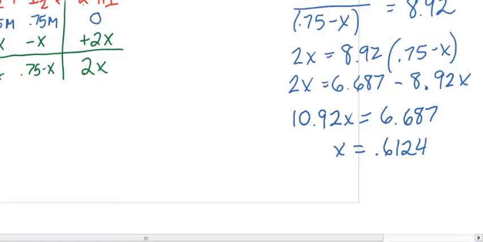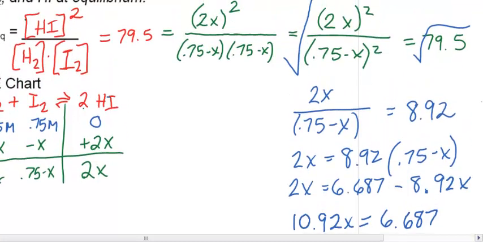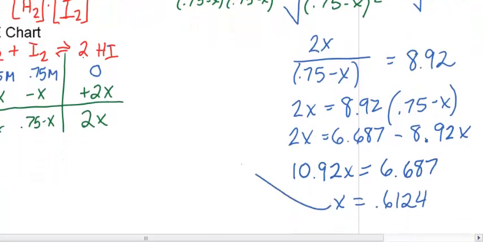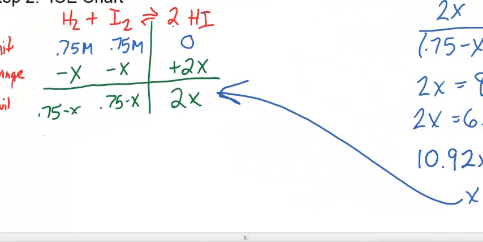We got x. Let's look back. I don't think so. It says calculate the concentrations of these things at equilibrium. So now we need to take our x value, go back to our equilibrium chart, our ICE chart, and say, okay, when we plug in that change amount, what do we end up with? Well, 0.75 minus 0.6124 turns out to be about 0.138 molarity for our H2.